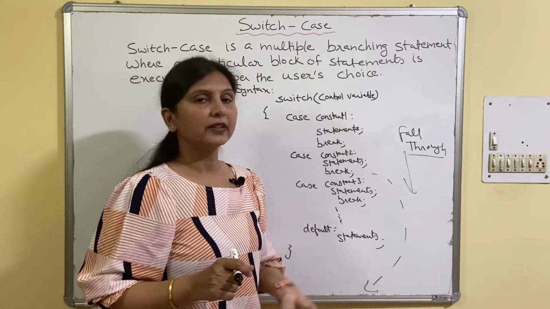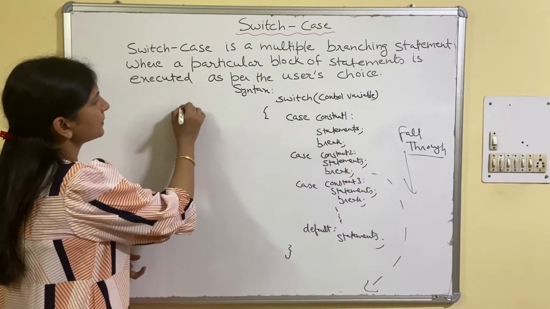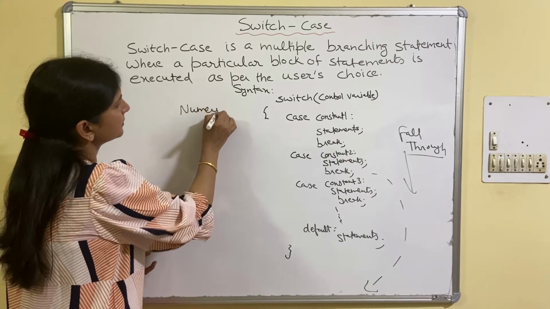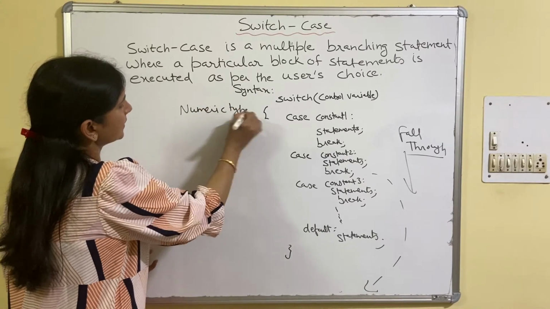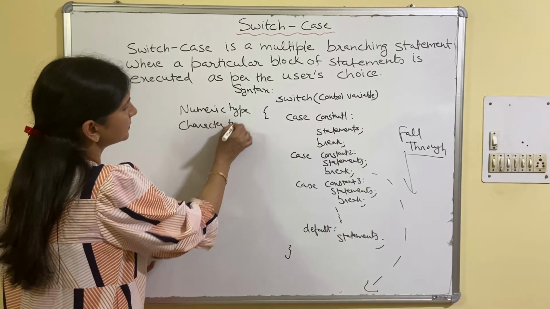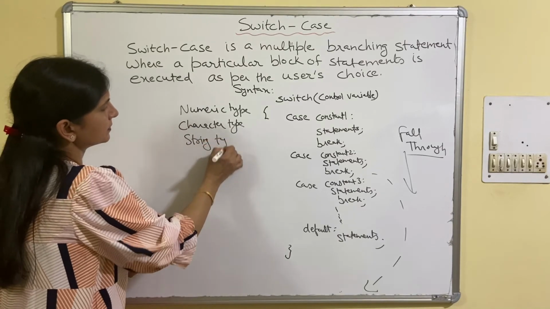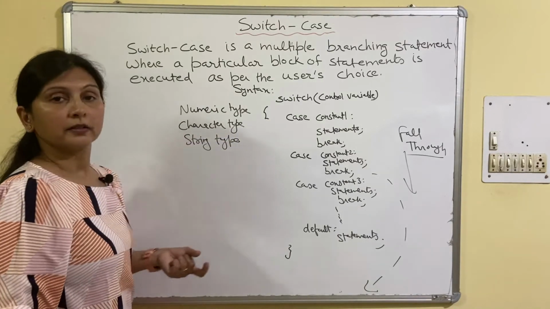Now what can be the value of control variable? Control variable value can be numeric type, it can be character type, or it can be string type. Fine.